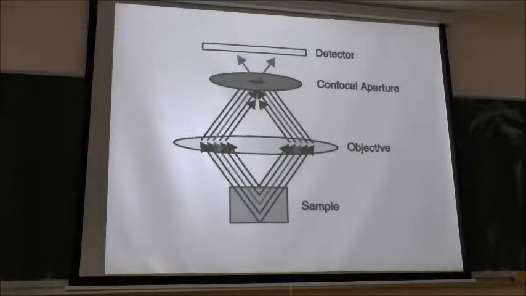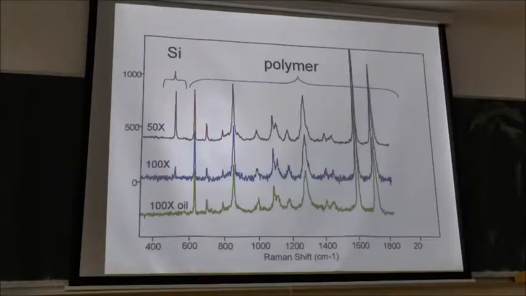This is the scheme of the confocal aperture, how it looks. So this is the Raman spectra of a polymer layer deposited on a silicon wafer.